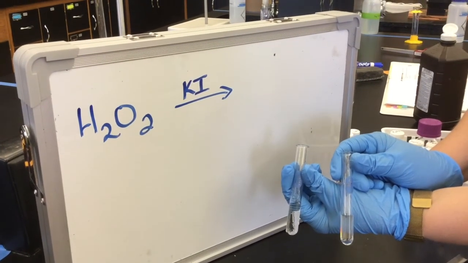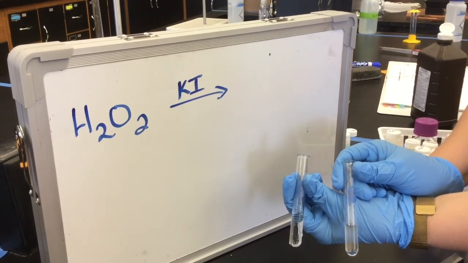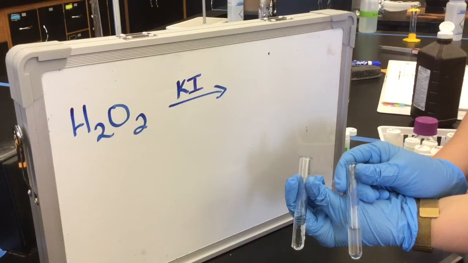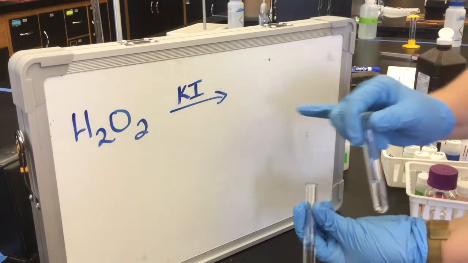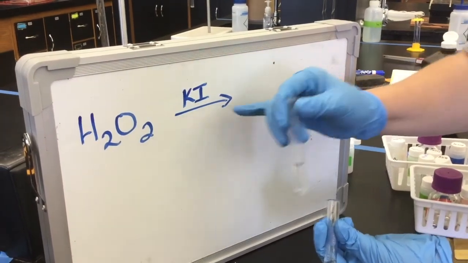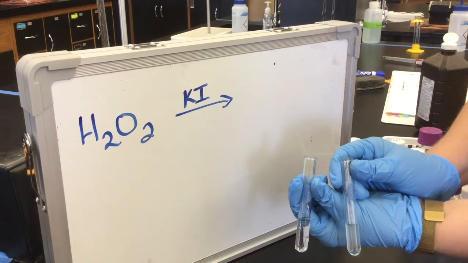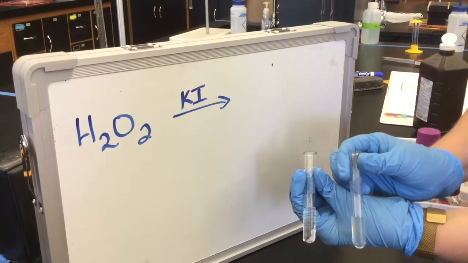Our final reaction is with hydrogen peroxide, or H2O2. In your manual, it tells you that potassium iodide here is used as a catalyst, and we can show this in the chemical equation by writing the KI over the arrow rather than with the other reactants. All we're going to do is add a small amount of the potassium iodide to the hydrogen peroxide.